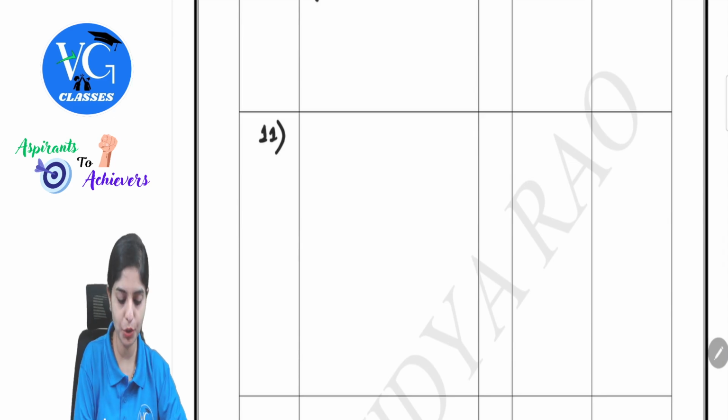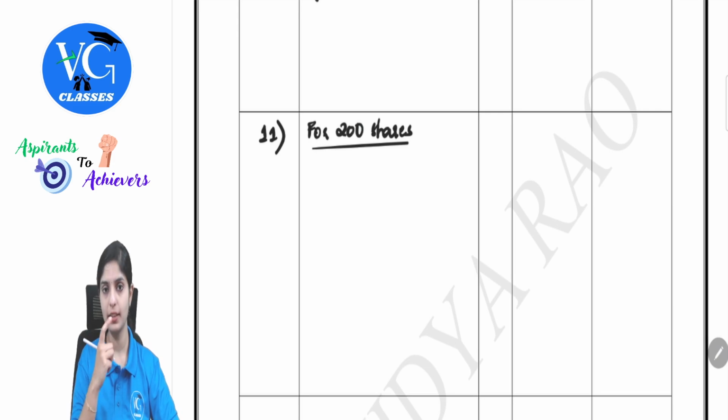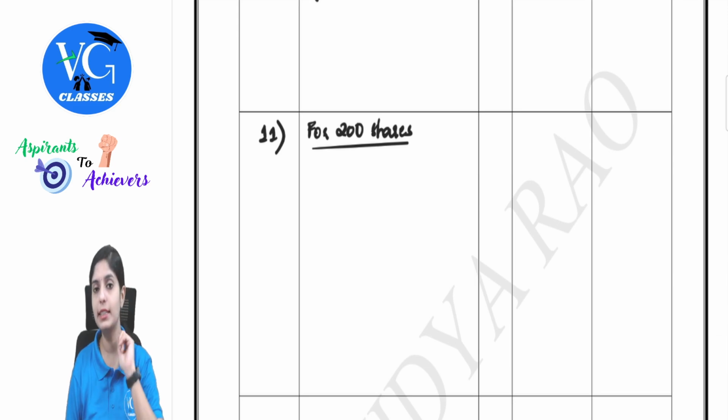So first for 200 shares, when he actually pays, I will also have to consider the interest component. So please understand this carefully. First, we will make the interest component due. Interest on calls in arrears is a receivable to the company.